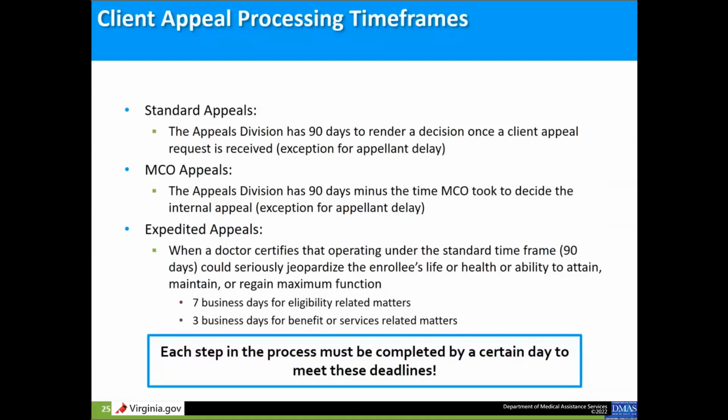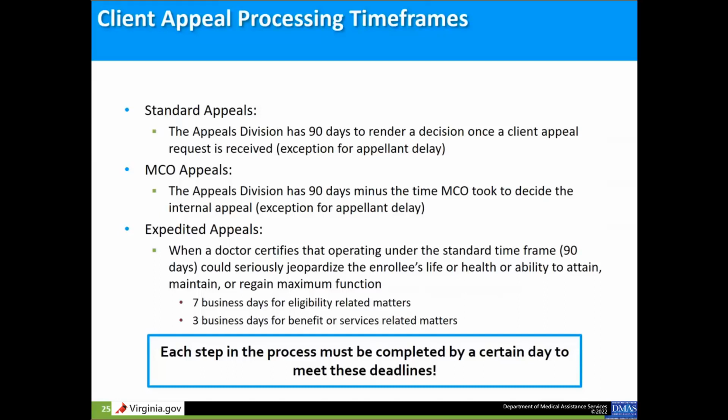We should also discuss expedited appeals at this point. Under the CFR, an appellant is entitled to an expedited appeal if the normal 90-day timely processing deadline would result in or would jeopardize their life, health, ability to maintain or regain function. In this case, client eligibility cases must be completed within 7 business days, and medical services appeals must be completed within 3 business days.